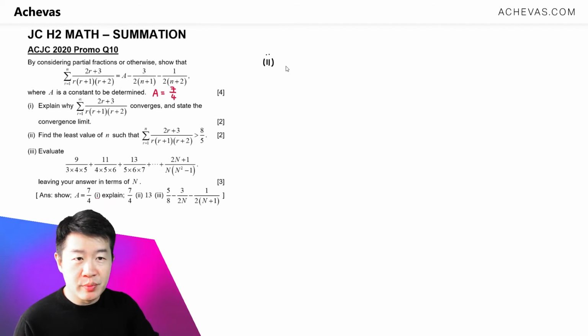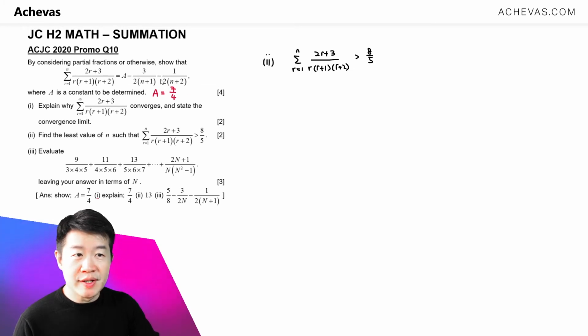And in part 2, we are supposed to find the least value of n such that this inequality, the summation from r is equal to 1 all the way until n of 2r plus 3 divided by r plus 1, r plus 2, is bigger than 8 over 5.